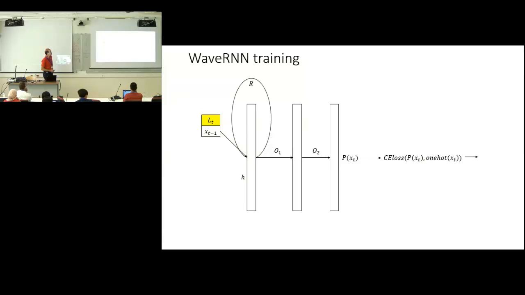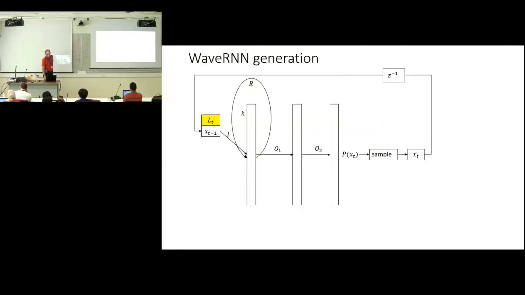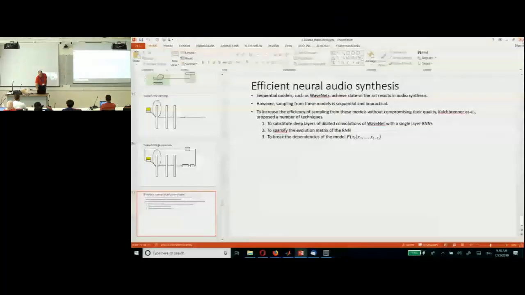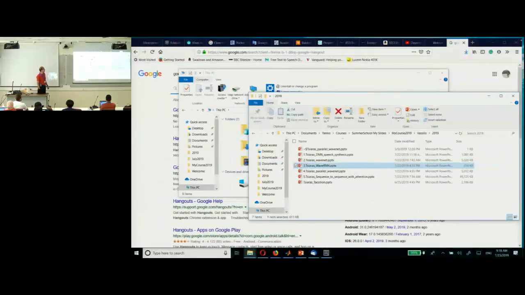The input is acoustic information, conditioning information anyway, with the previous time sample, and the output is the prediction of the probability of the current time sample. Then we use cross-entropy for training, or we sample from this distribution and use the sample as an input during generation. And this was the WaveRNN, which is very important because it is very fast.